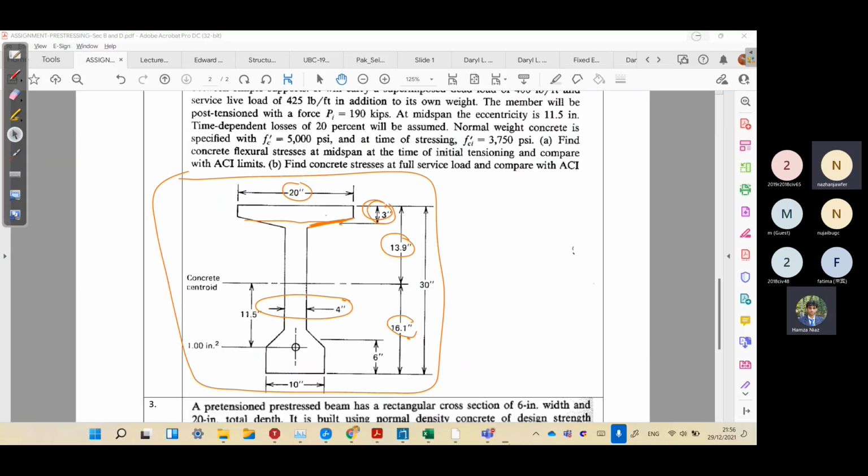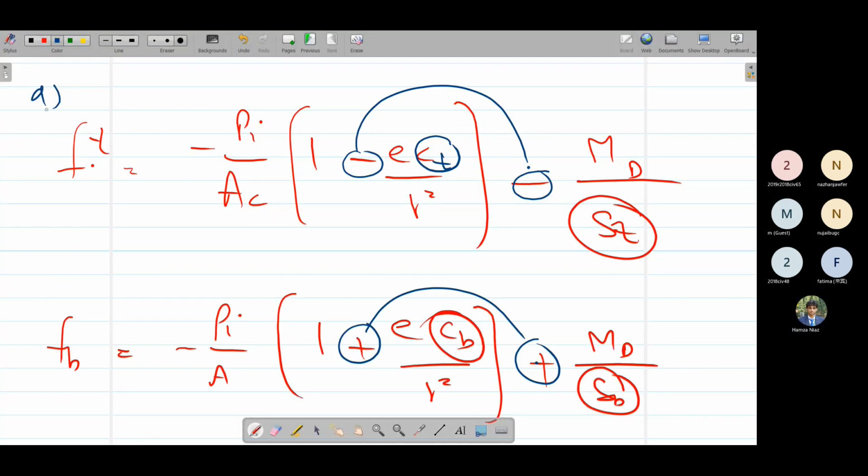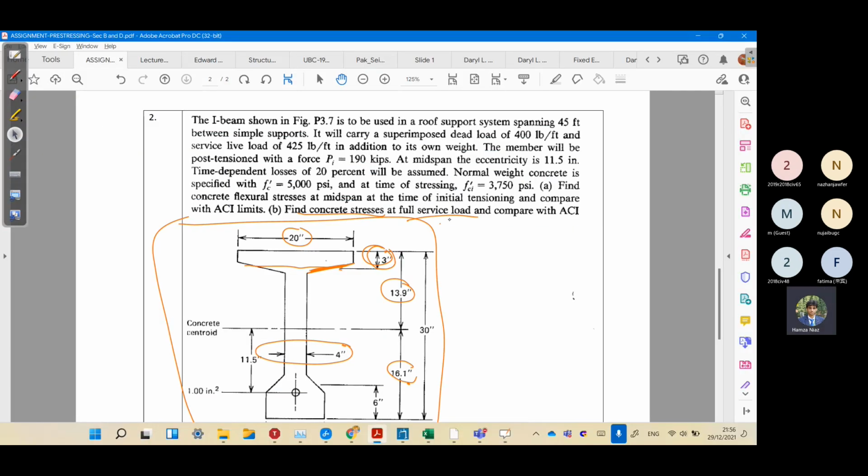Okay. For the second part, we have to calculate concrete stresses at full service load. So this is actually part A, and we have to do part B for full service load. And PE would be, they have written time dependent losses of 20%. This means R is 0.8, so PE would be 0.8 times PI. There are 20% losses, so the remaining 80% is left. PI is given, and R is given, and PE is calculated.